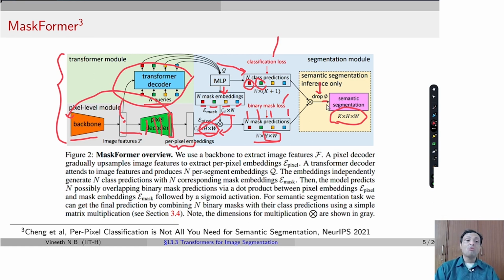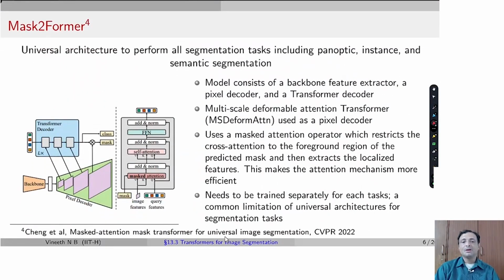This approach of Maskformer to adapt a transformer to the task of semantic segmentation has also been followed by other methods. It was quickly followed by another paper called Mask2Former, where the same authors extended Maskformer as a universal architecture to perform all segmentation tasks, including panoptic, instance, and semantic segmentation.